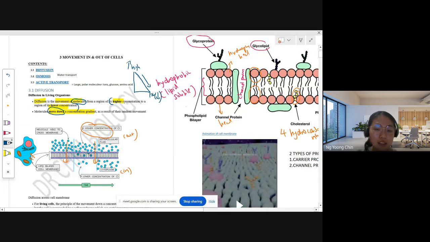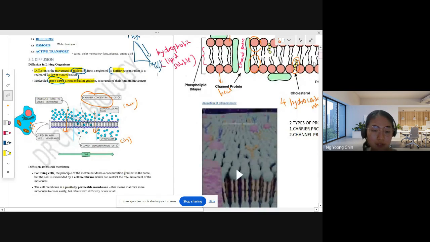The concentration gradient refers to how many molecules are contained in a region. For example, in this picture, this is your plasma membrane. This is inside of the cell, and this is outside of the cell.